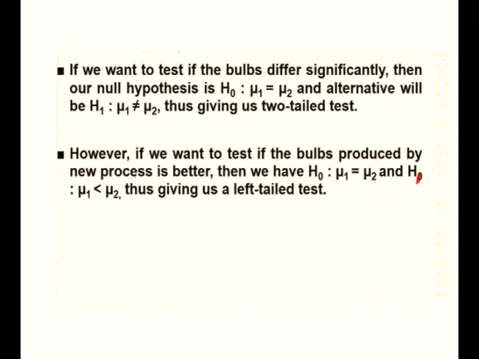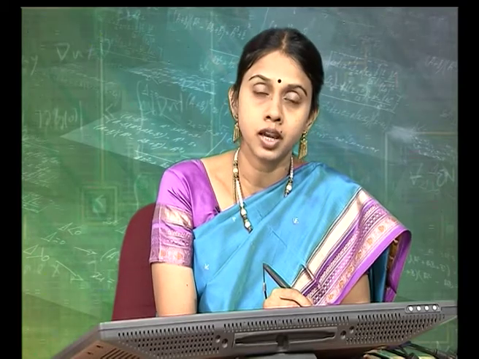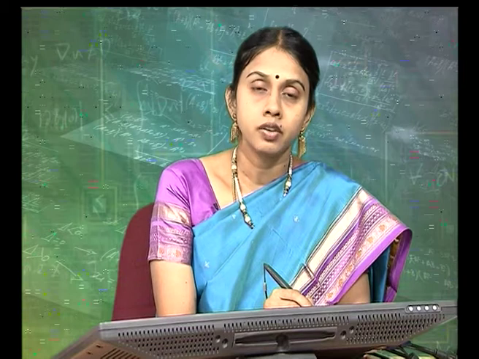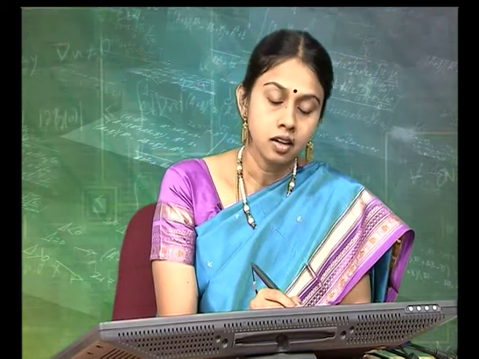We are going to test if the new process is better, that is H1 is such that mu2 is greater than mu1. Better means the bulbs produced by the new process will give more life than the mean life of the bulbs produced by the standard process.